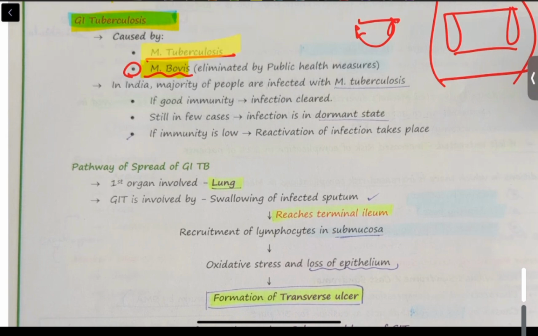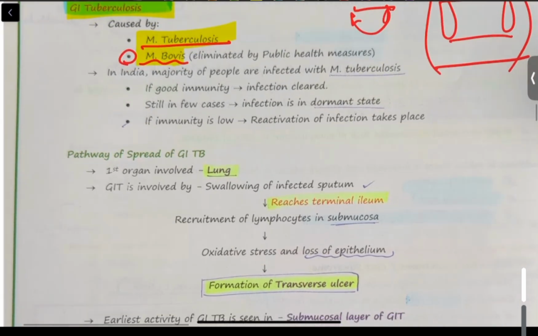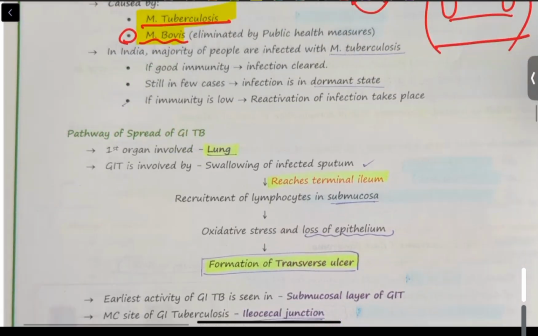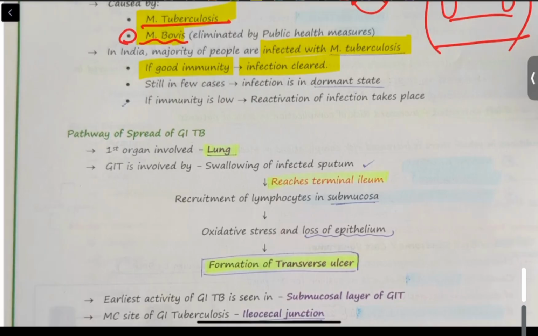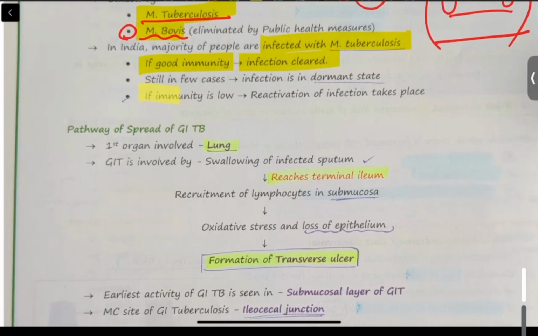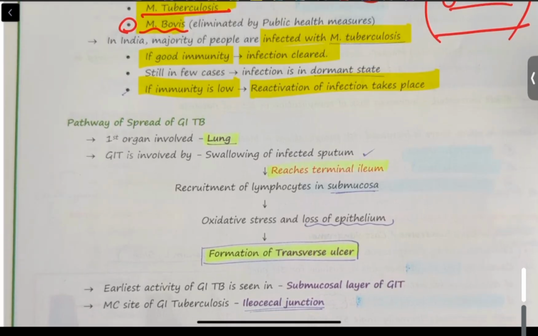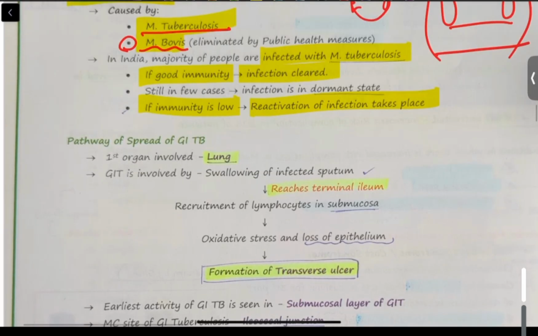It is because of Mycobacterium tuberculosis. In India, the majority of people are infected with Mycobacterium tuberculosis, but because of good immunity, the infection is cleared off and they don't manifest any symptoms. If the immunity is low, there will be reactivation of infection and that will lead to symptoms. And in a few cases, the infection will be there, but in a dormant state.